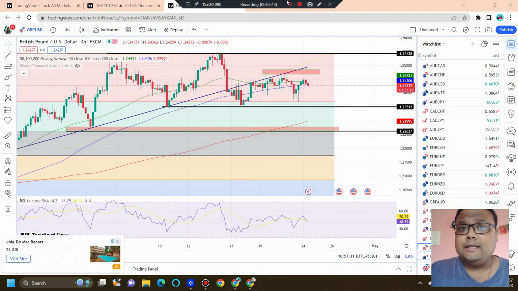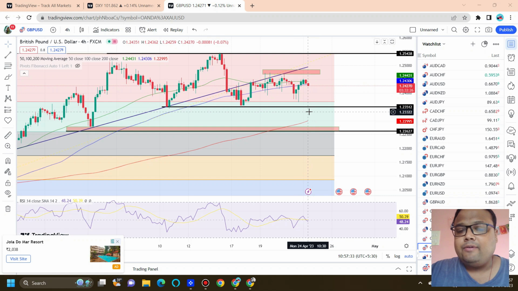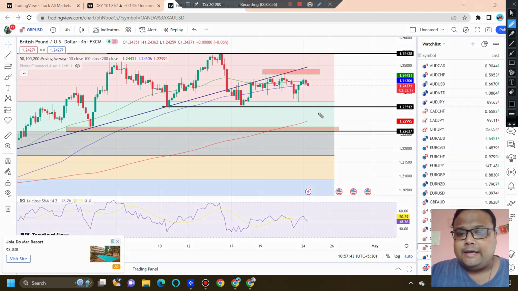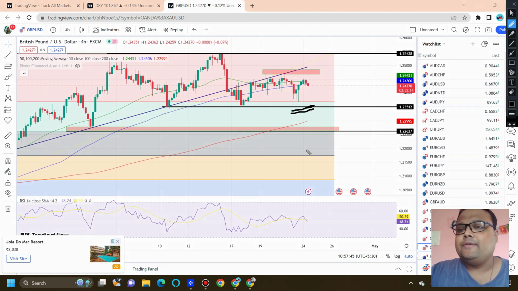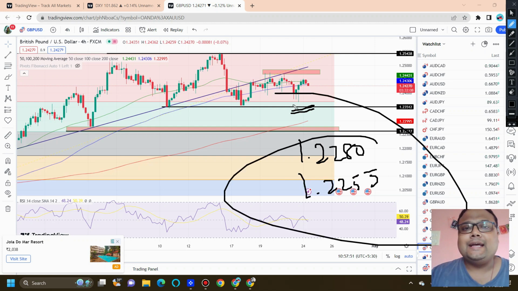If the volatility is high, the market may break the level and we can go for a sell below 1.2350 as well. And in my previous video, I explained that if the market breaks this level, then 1.2280 to 1.2255 will be the next level where we can expect the market to take support and we can go for a buy position.